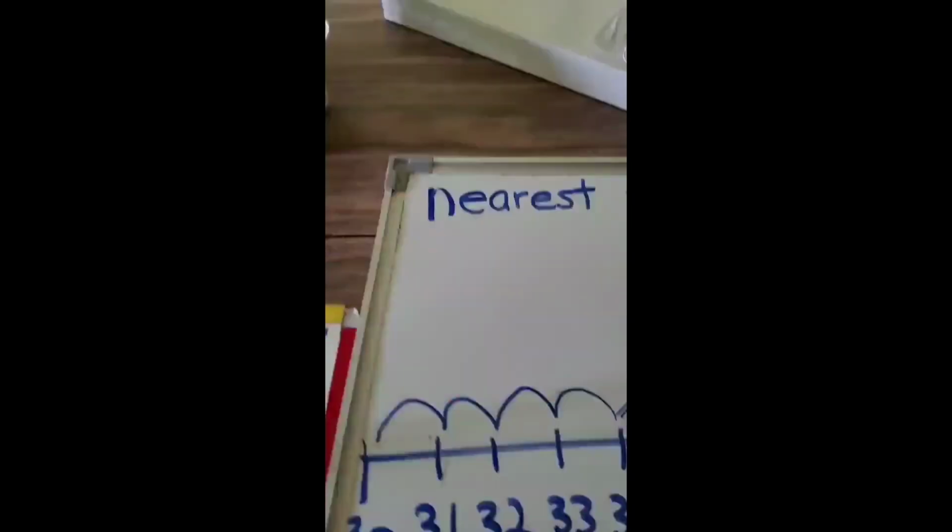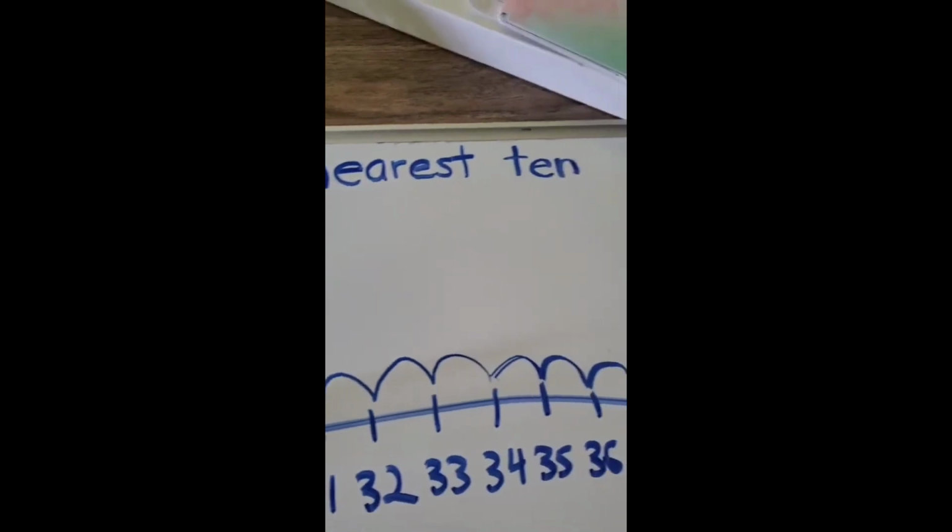What we just did right there was finding the nearest 10. Okay, I'm going to show you the word nearest 10. See the word there? So that's what we're going to do today. We're going to practice finding the nearest 10.